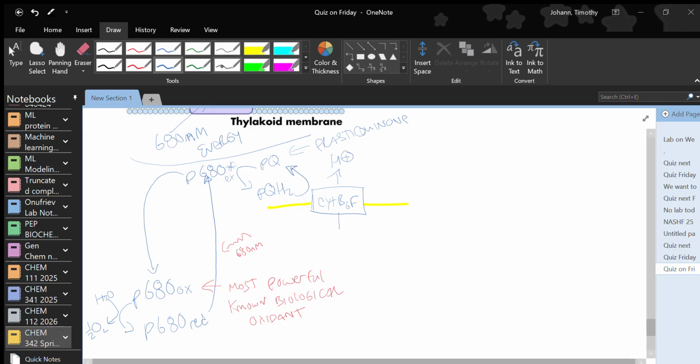Okay, and when we think about this, this is the thylakoid lumen, and this is the stroma. So we've got that going on. Oh, my stroma's in the way.